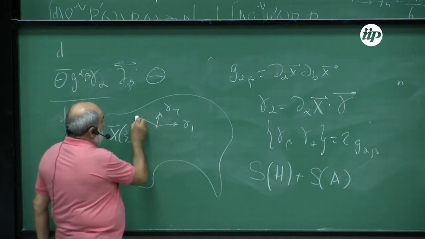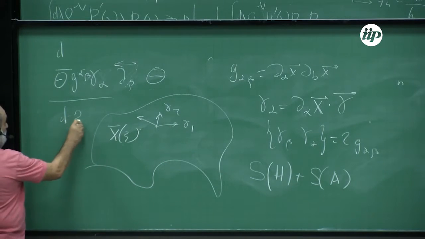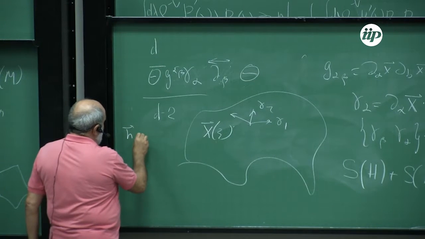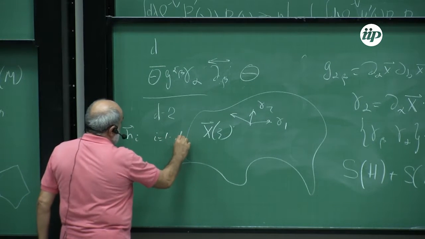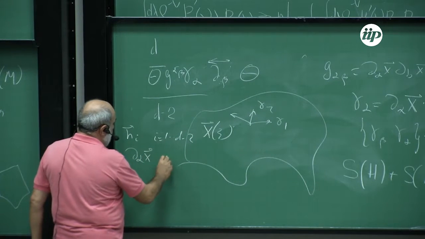We consider normals to the surface, d minus 2 normals, with I running from 1 to d minus 2. And we have two tangent vectors, the alpha x, where alpha is 1, 2.